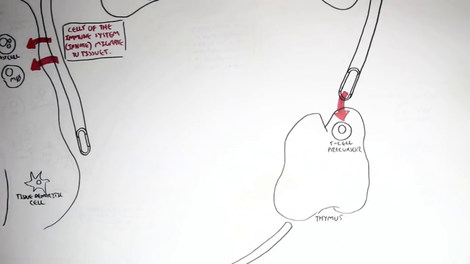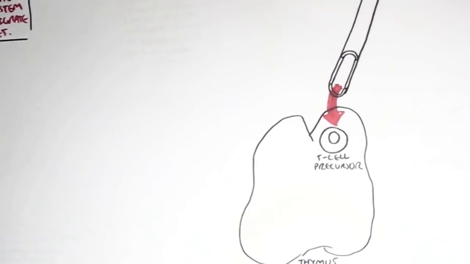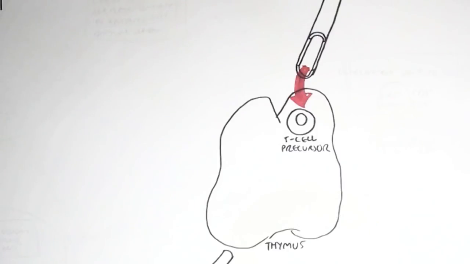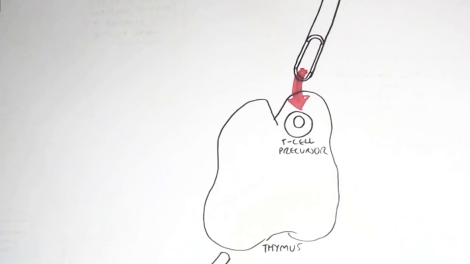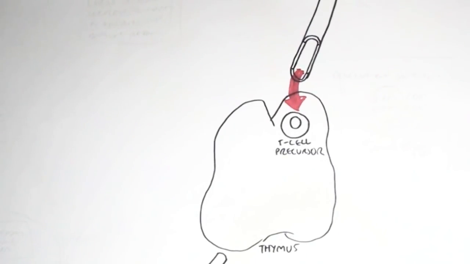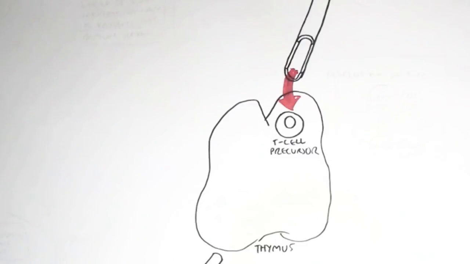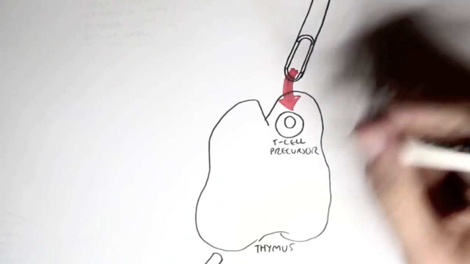So in this video, we'll actually see what happens to this T cell precursor. Of course, because this is a T cell precursor, it will obviously become a T cell. However, we looked at the lymphoid precursor when it entered the thymus. And so this lymphoid precursor can be programmed. Depending on how it was programmed, it can become a number of different types of leukocytes, including a natural killer cell.